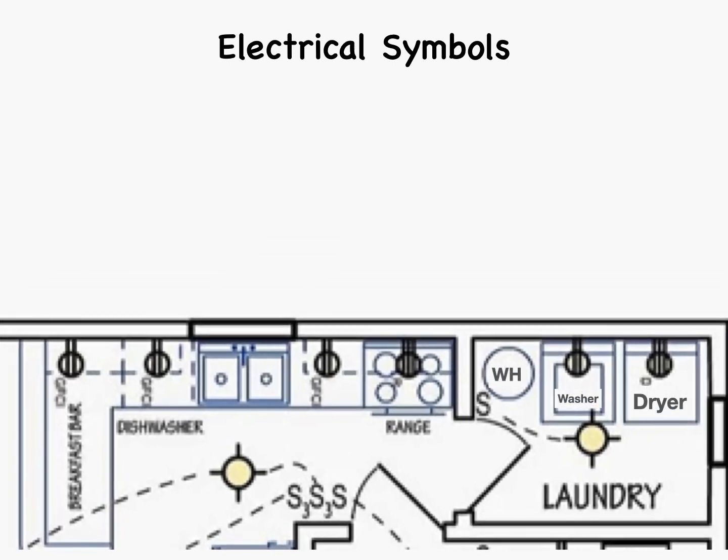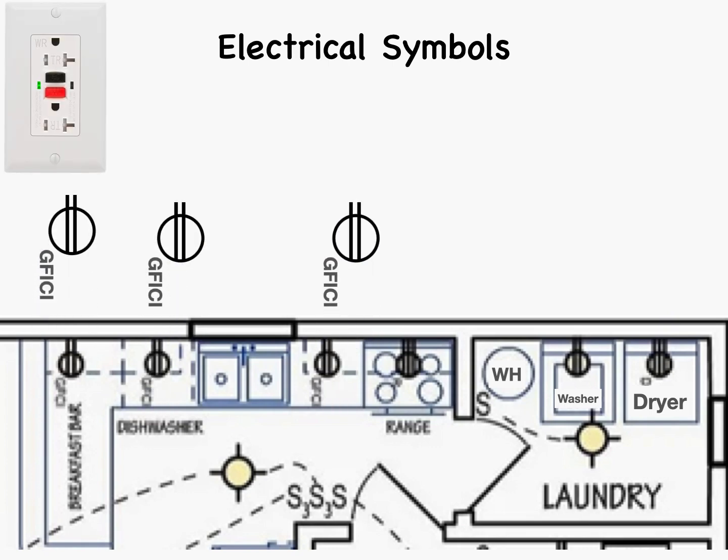In this last slide, in our examination of the electrical symbols, we are going to zero in on the kitchen and laundry area because this is where specialty outlets are usually located. First of all, the kitchen receptacles, you will notice they are labeled with GFCI, which indicates that these receptacles are protected by a ground fault circuit interrupter, which is shown here and is a receptacle that has a built-in ground fault circuit interrupter.